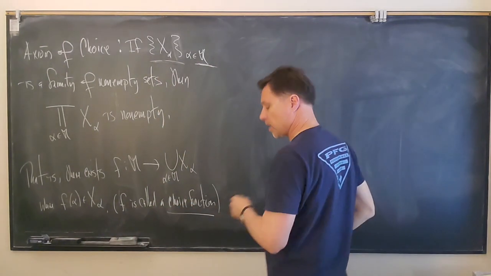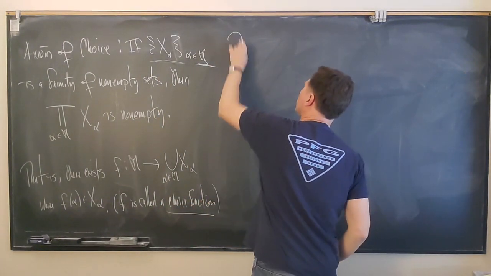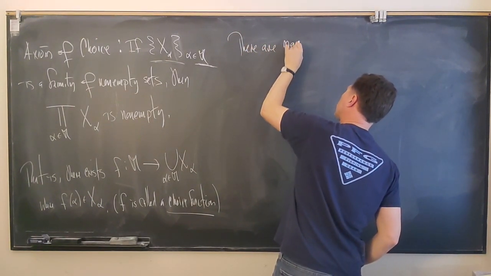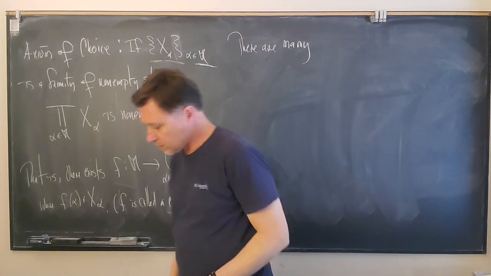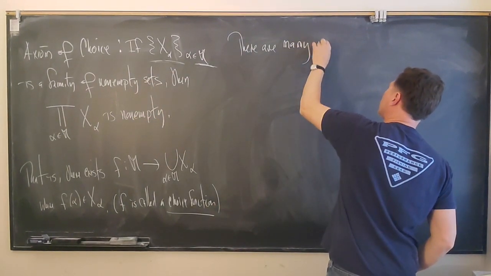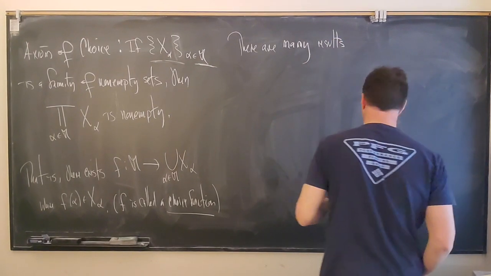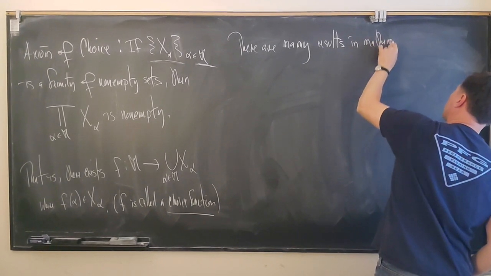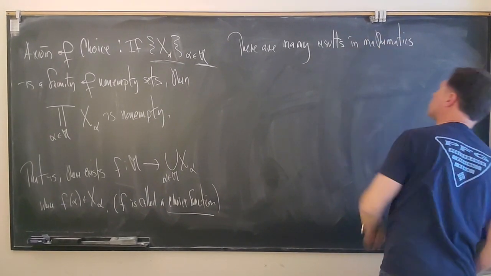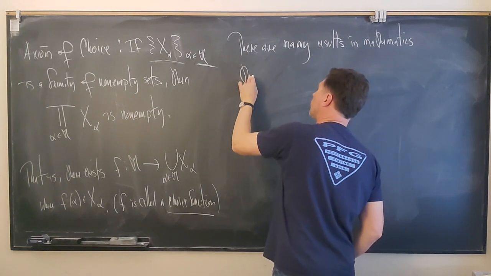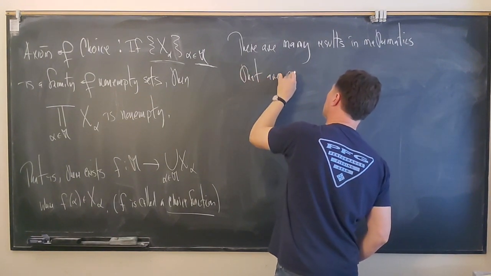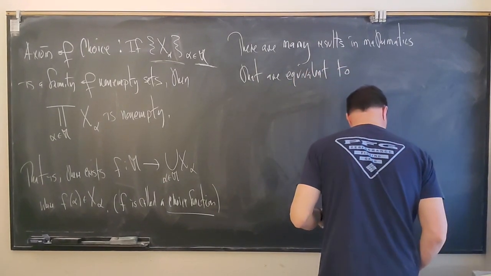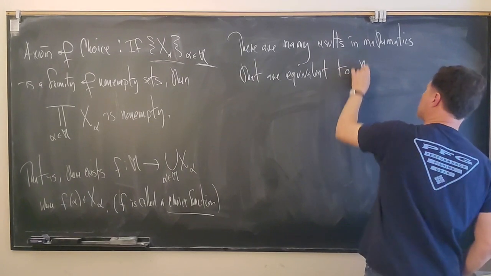There are many results in mathematics that are equivalent to the axiom of choice.